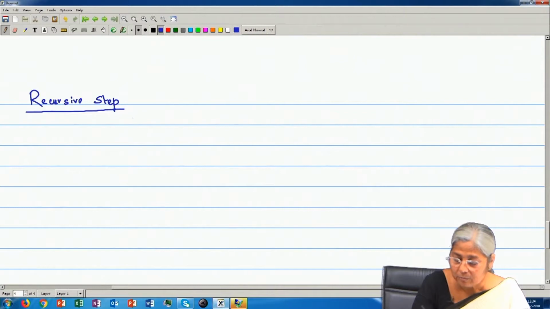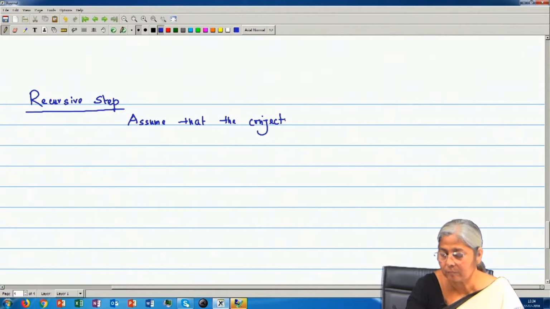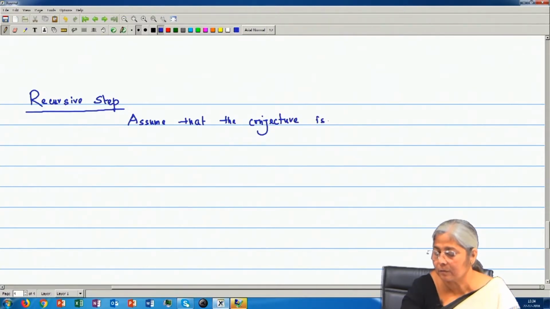So, we assume that the conjecture is true for i equal to n.